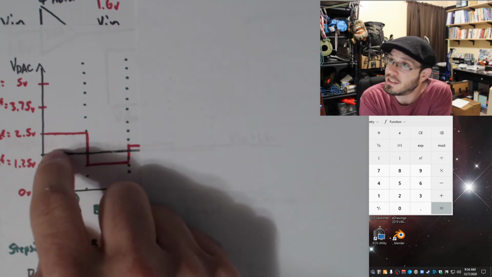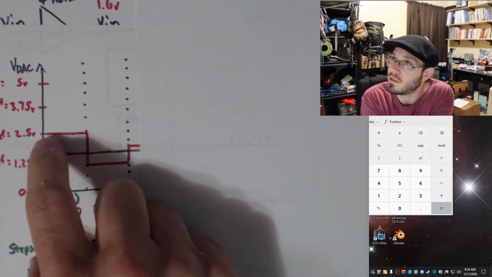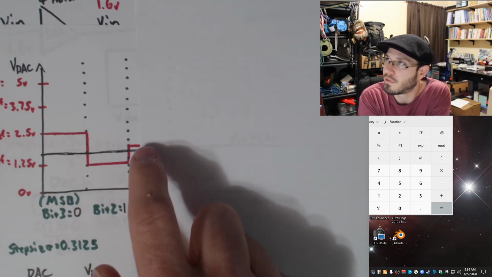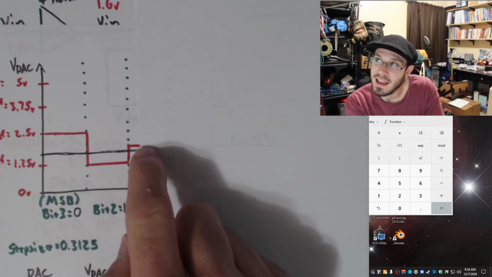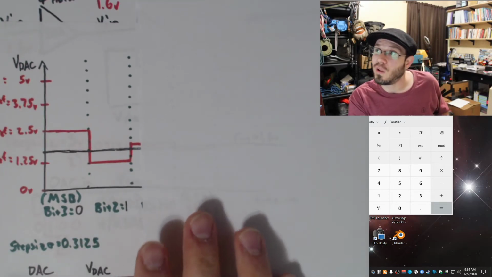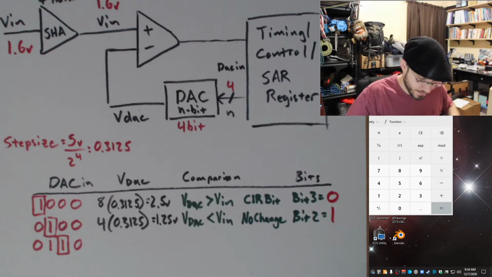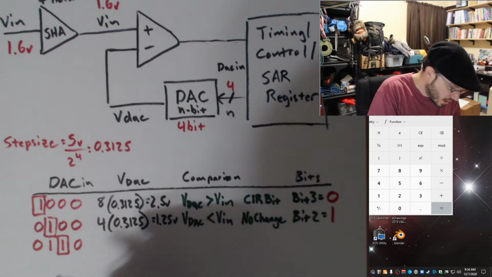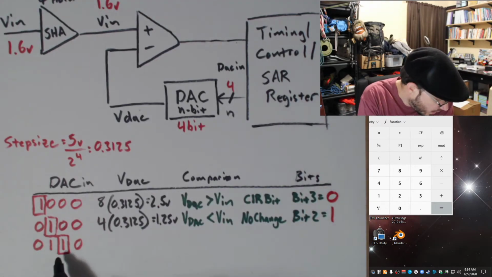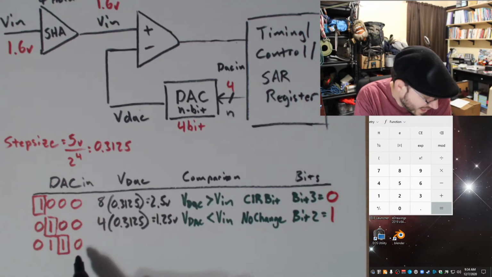So now that puts us at the halfway point between 1.25 volts and 2.5 volts. And we're going to compare that again. So let's calculate what VDAC is now. VDAC, well, this is 0, 1, 1, 0.